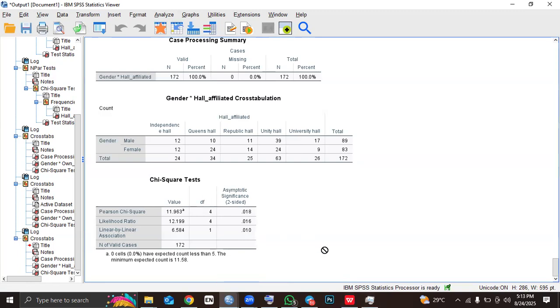Now, let's come to our chi-square statistic test. In our chi-square test, we can see that the chi-square value is 11.963. The degree of freedom is 4. Our p-value recorded is 0.018.